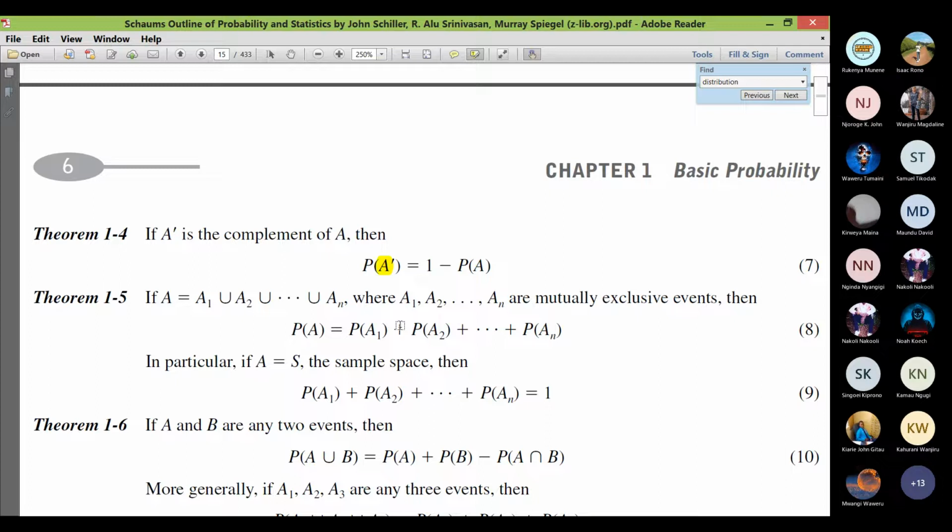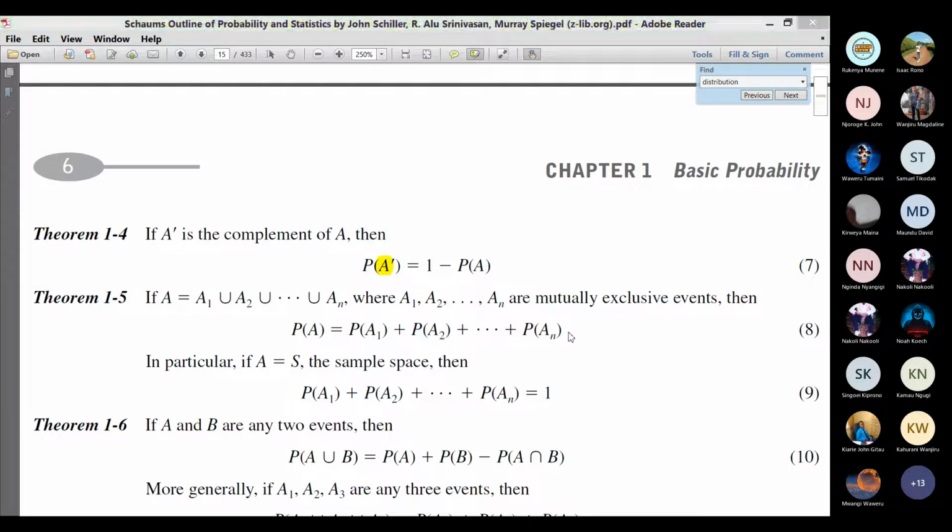Mutually exclusive simply means that they don't share anything in common. They are disjoint. The outcome of one does not depend on the outcome of the other. Then you can add their specific probabilities.